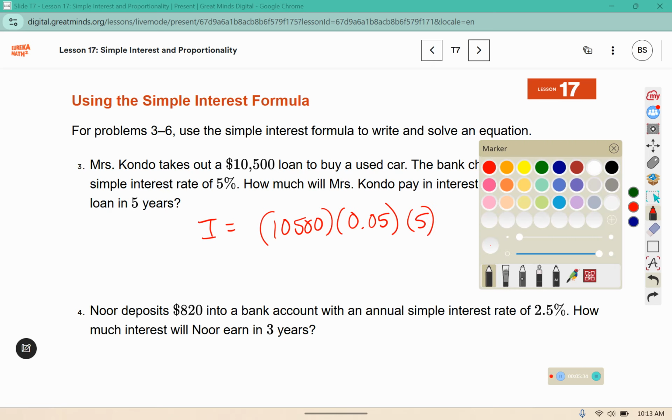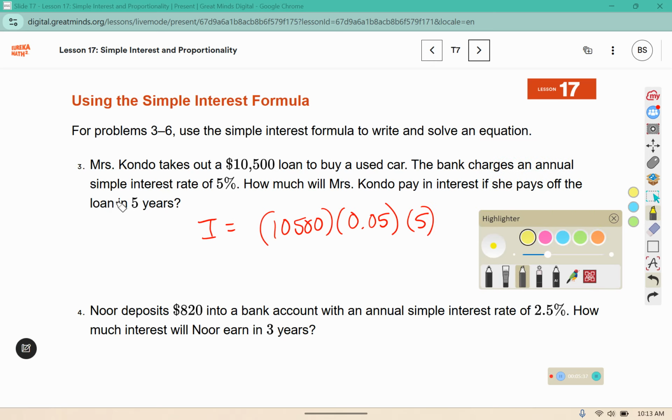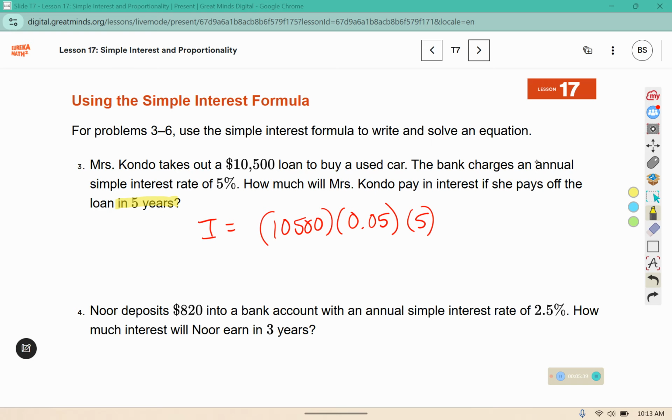It's really important to pay attention to the time and how the interest is used. So annual means yearly. So then we know that annual and years, those units match up.